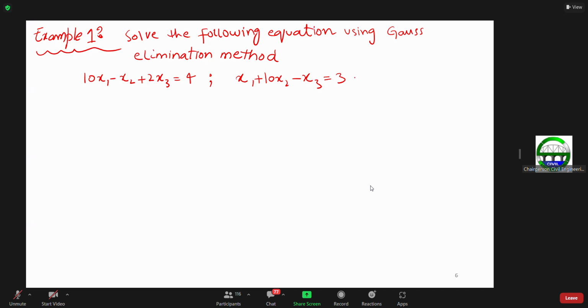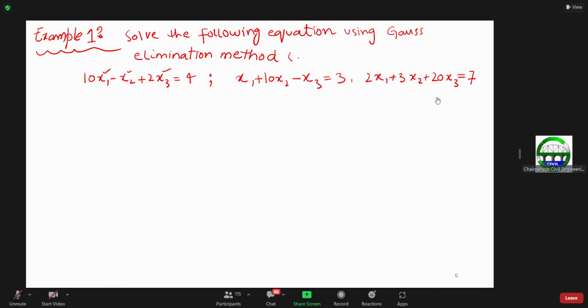And then we have another equation, 2x1 plus 3x2 plus 20x3 is equal to 7. We have this system, and we have to find x1, x2, and x3 using the Gauss elimination method.